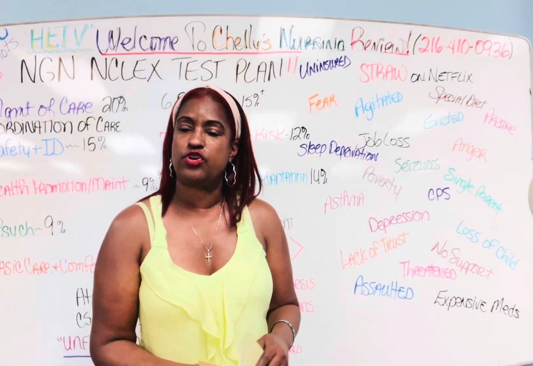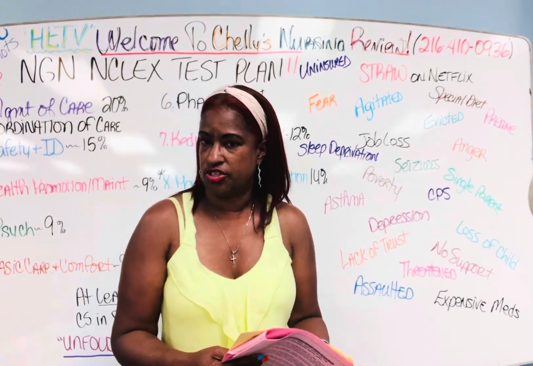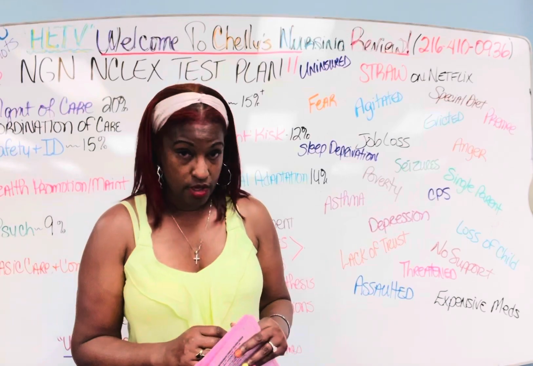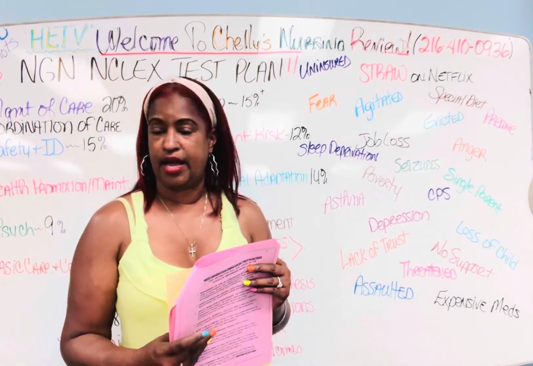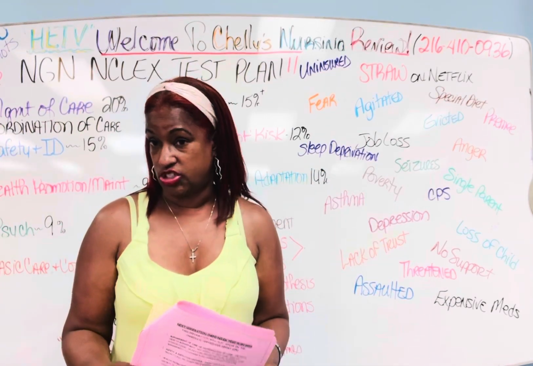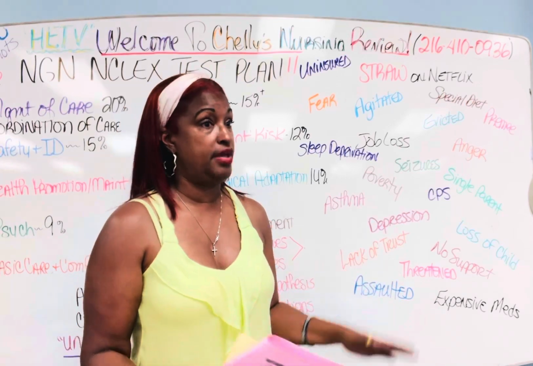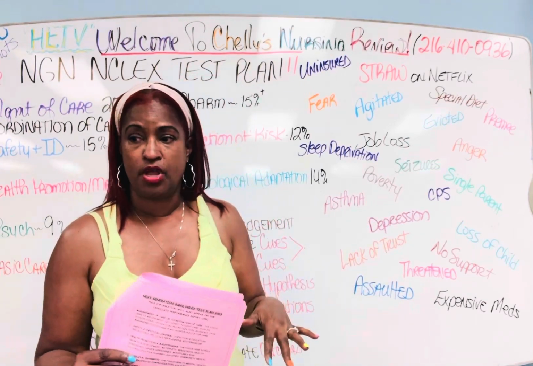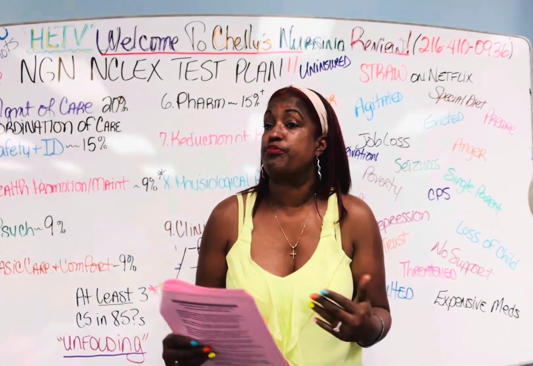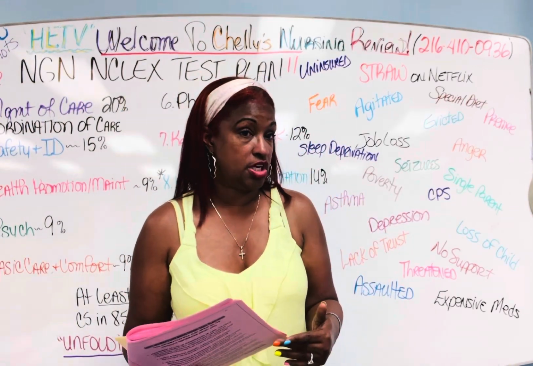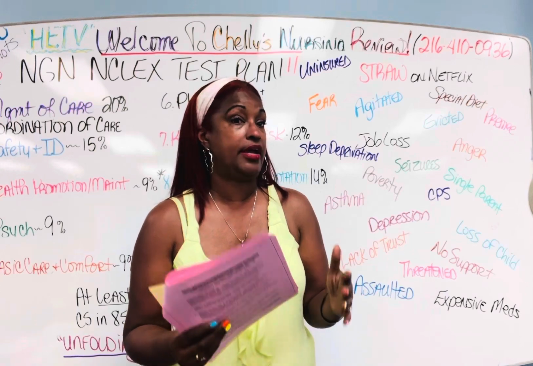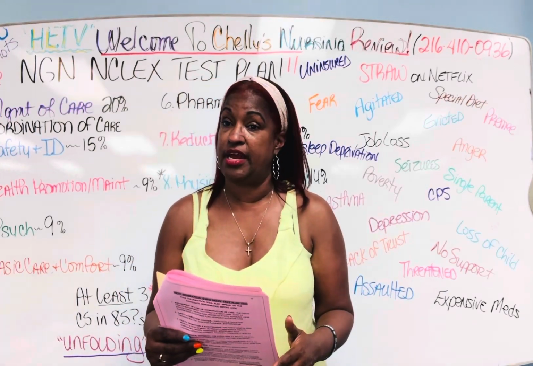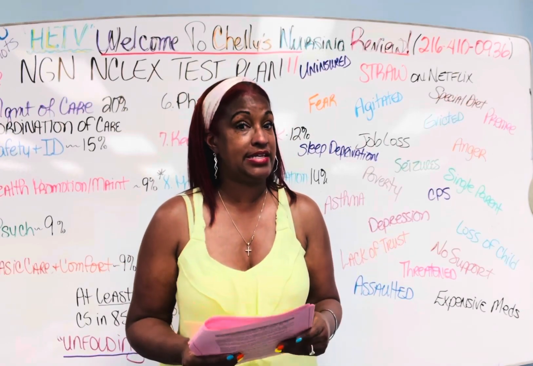So if you're thinking about an asthma attack patient, your take action would be give a breathing treatment and O2, right? If you're thinking about a shoulder dystocia, your take action would be fundal pressure, right? I mean, suprapubic pressure. If you're thinking about a prolapsed cord, your action would be making sure that you know to prepare for a C-section and elevating the lady's pelvis or putting her on hands and knees.